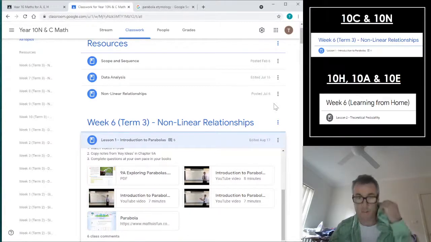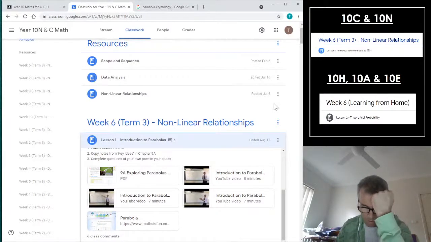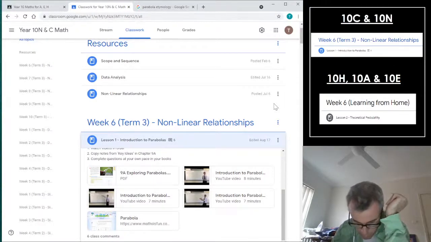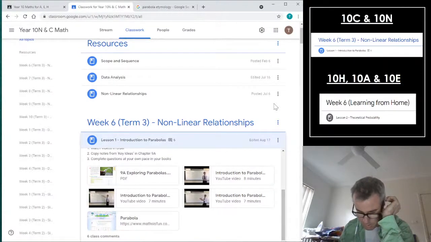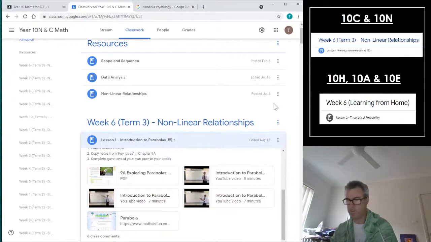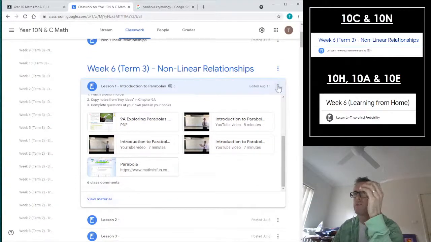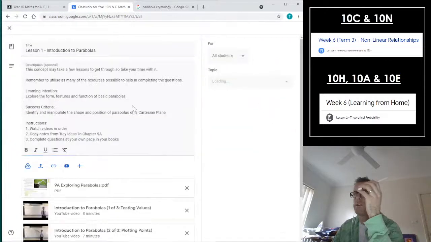We want to change that. Export to 10N. Back. Okay. Edit.